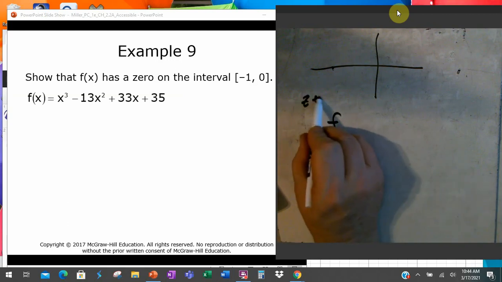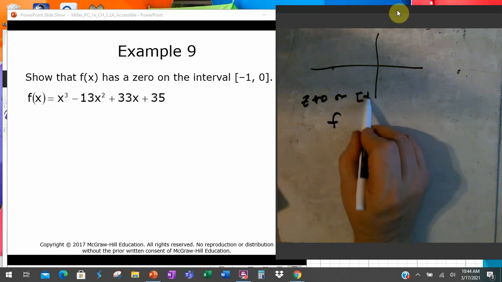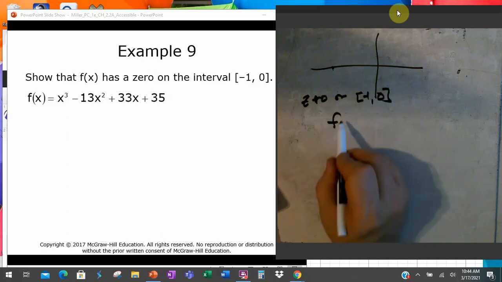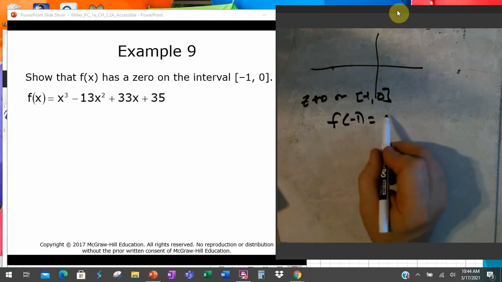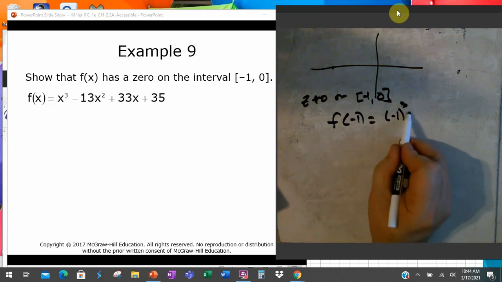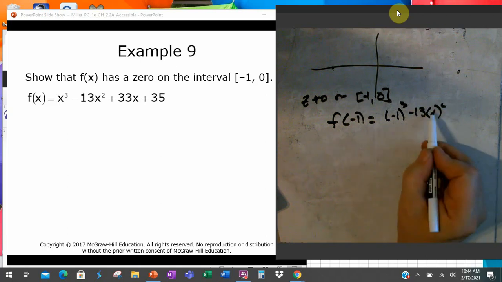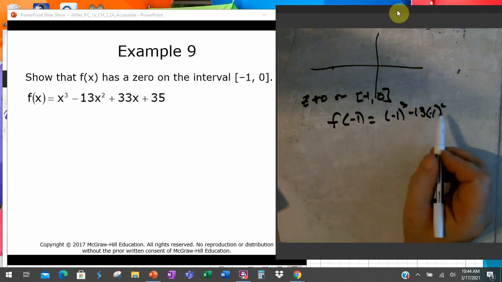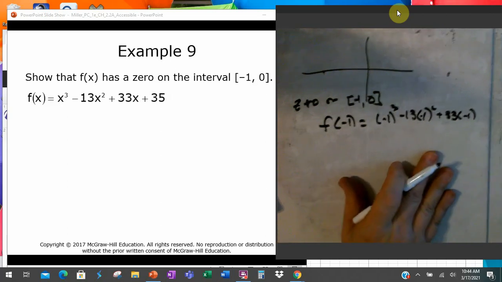Is there a 0 on the closed interval -1, 0? So I'm going to evaluate f of -1. This is going to be -1 cubed minus 13 times -1 squared, plus 33 times -1 plus 35.